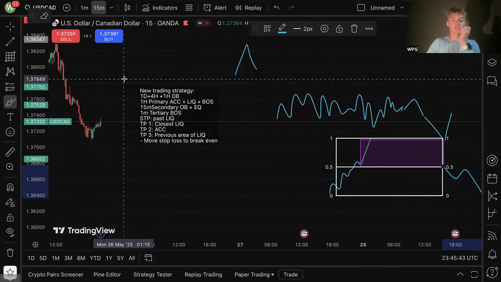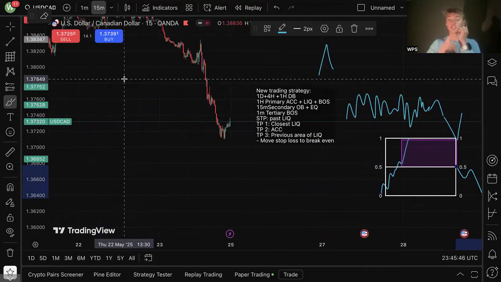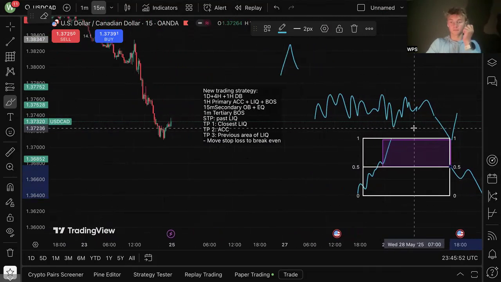And the way I'll take the trade is I'll set multiple take profits this time instead of just one take profit, which I think is a little bit risky.